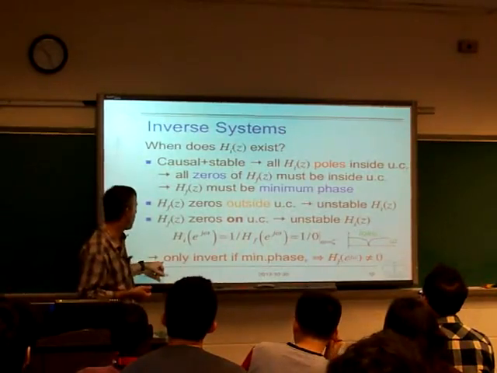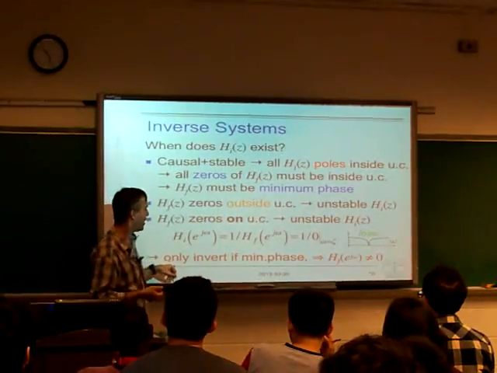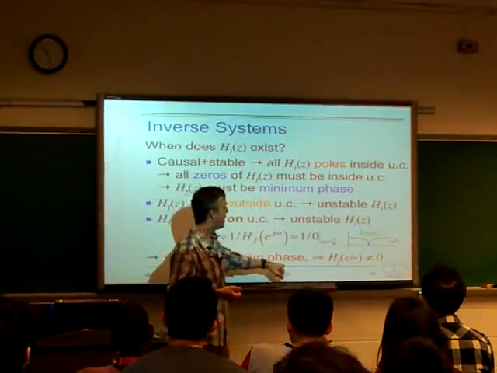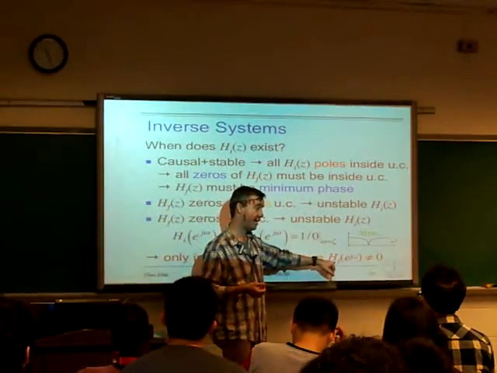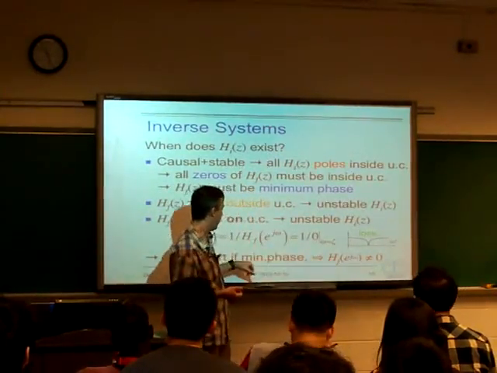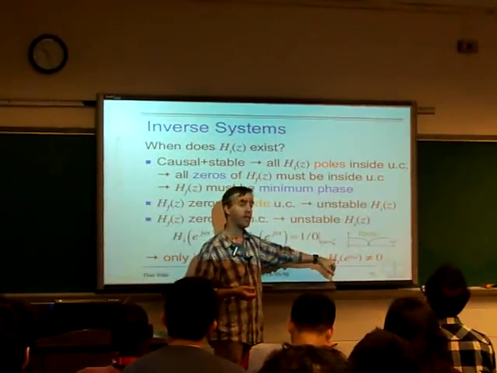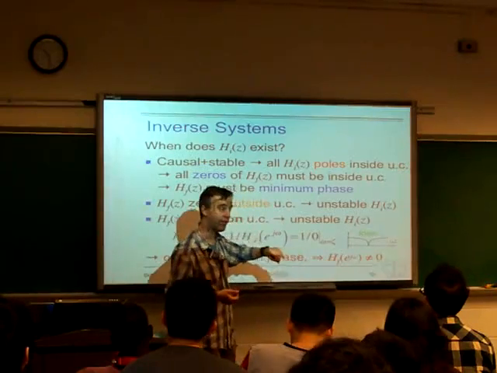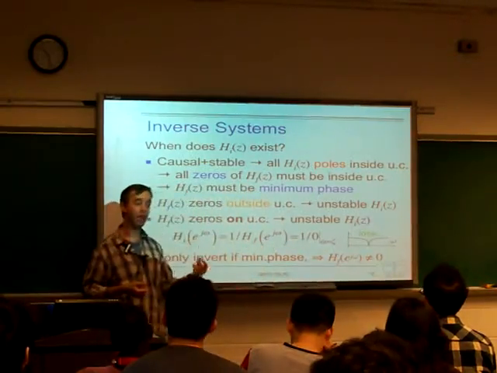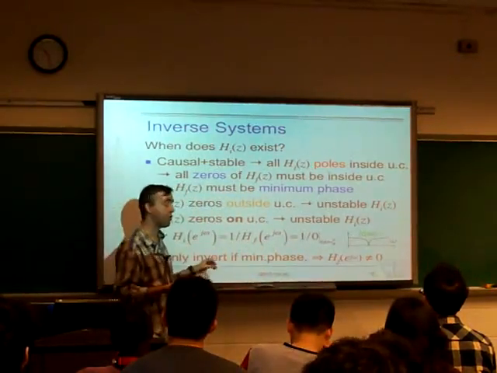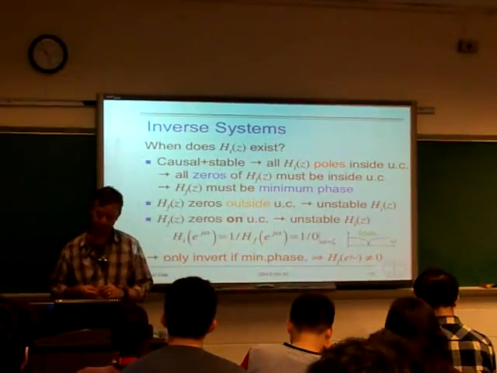So in general, the inverse system exists only for minimum phase systems, which also means, by extension, that the frequency response is non-zero for all frequencies, because if the frequency response was 0 for some frequency, that would mean you had a zero on the unit circle, which would mean it was not strictly minimum phase.